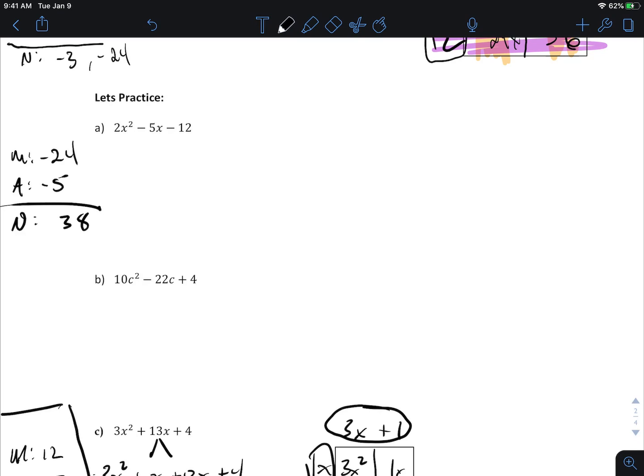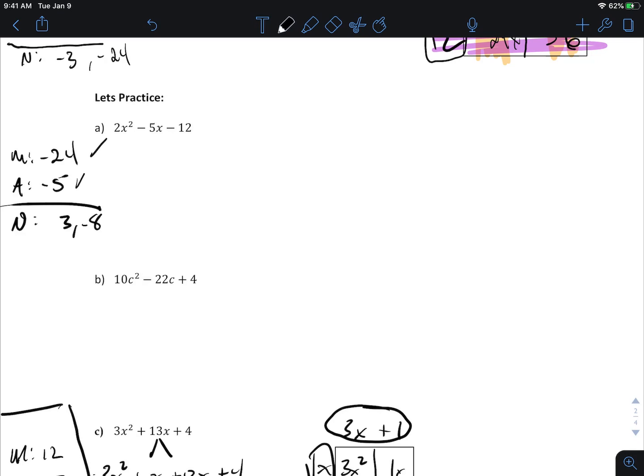So 3 and 8 is going to give me 24, and then I got to make it negative. So which one am I going to make negative is the question. Yeah, so if I make the 8 negative, then 3 plus negative 8 is going to be negative 5, right?